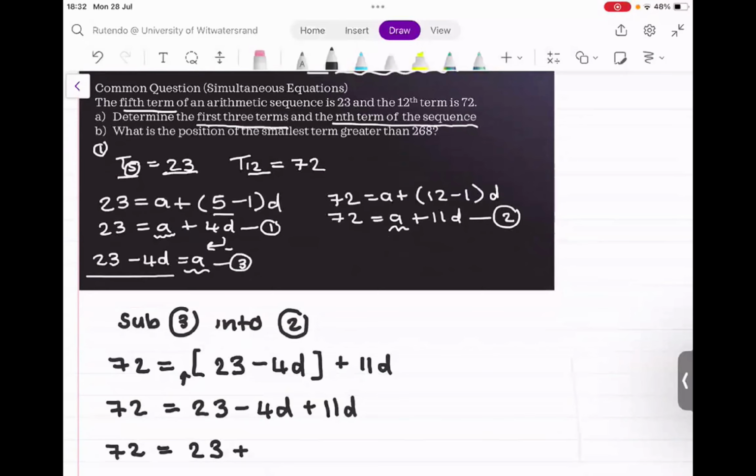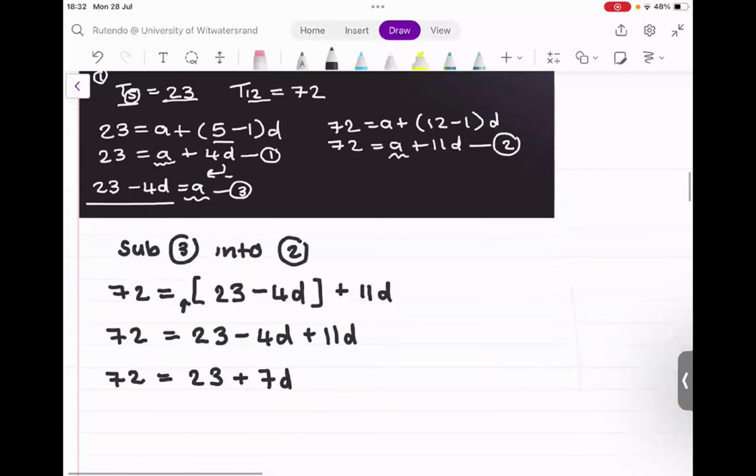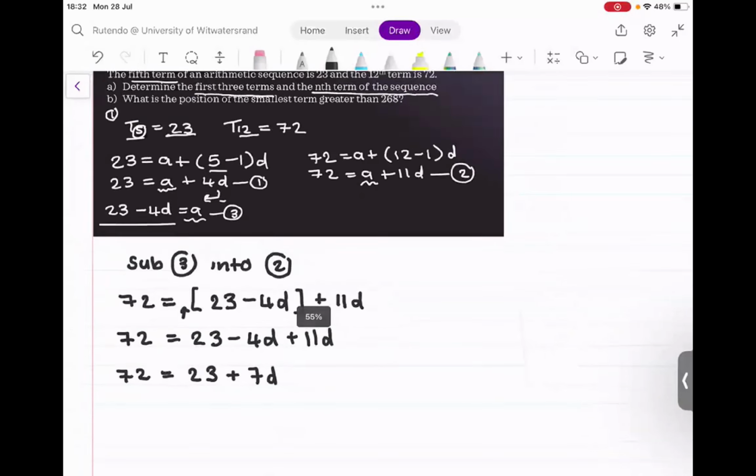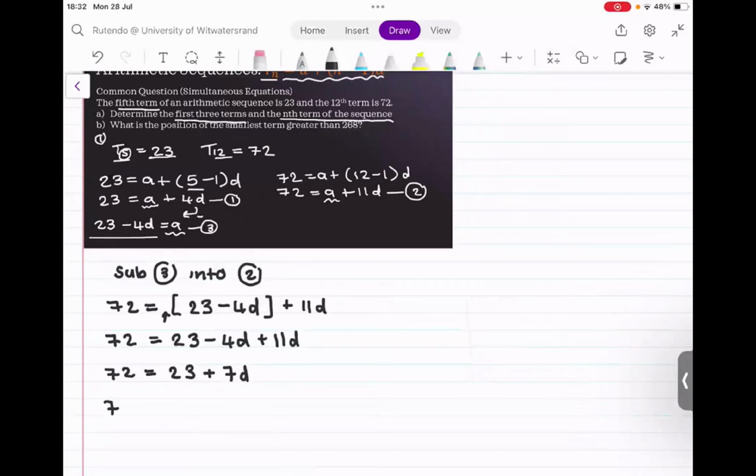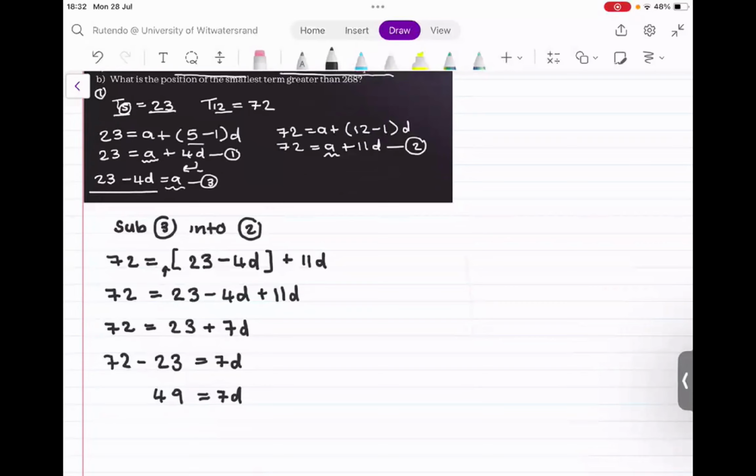Not 7. 4, 7. 7D, and then we can say 72 minus 23 is equal to 7D. 73 minus 23 is 49, equals 7D, and then to get rid of this D, we are going to divide both sides by 7.